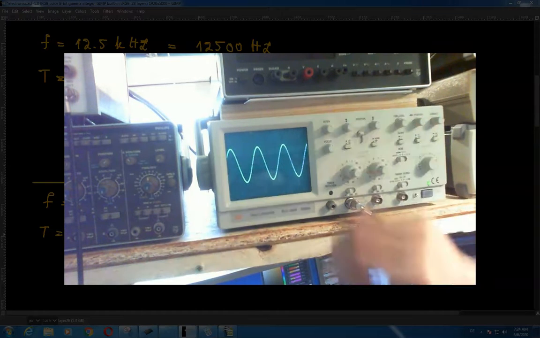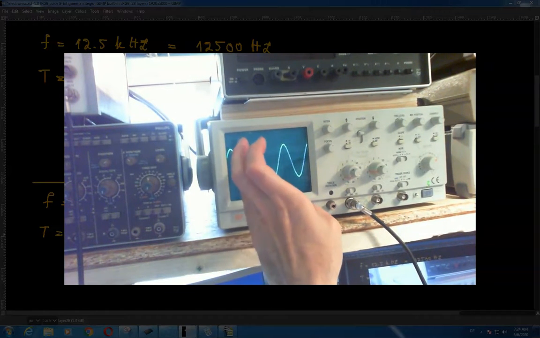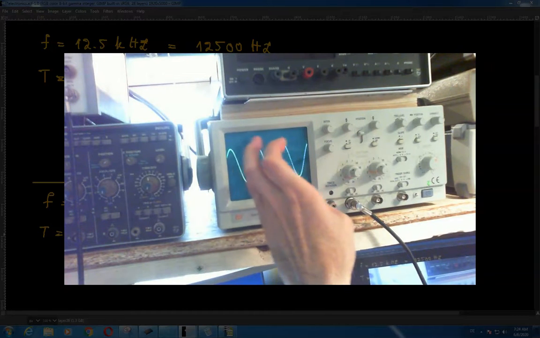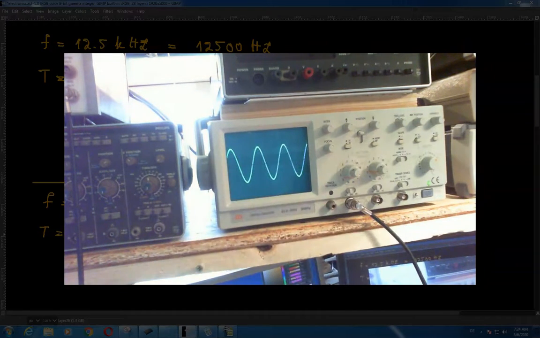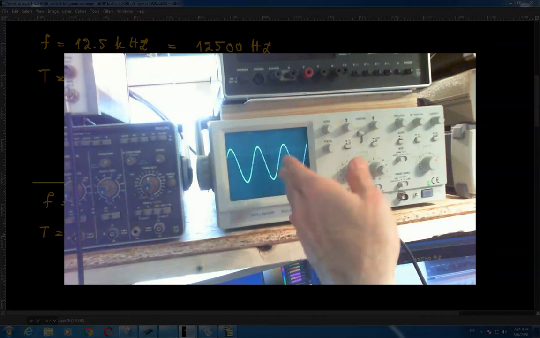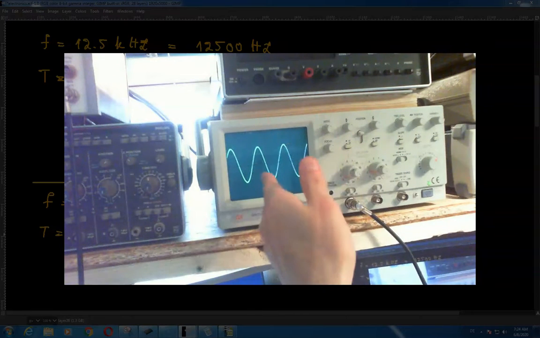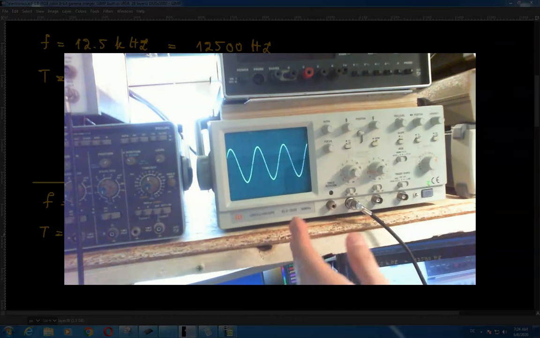So the only thing I need to do in order to know the period is measure this time on the oscilloscope. Some oscilloscopes do have cursors, and you can put the cursors on the screen, and they tell you the time interval between the two cursors.